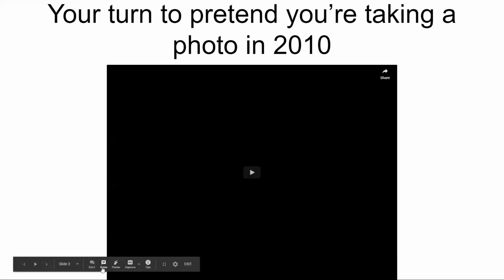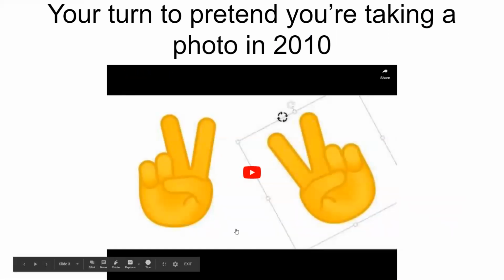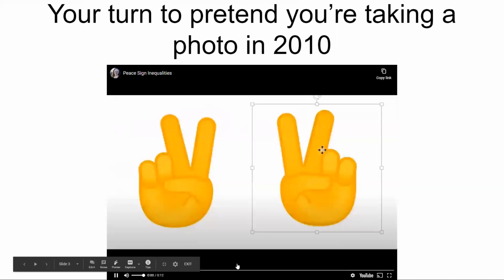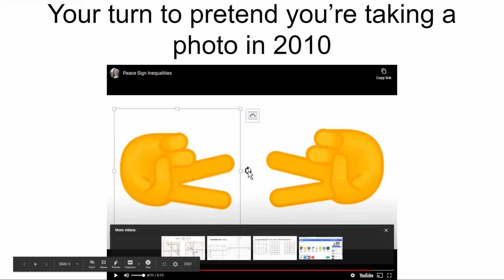When you're looking at these two peace signs out in front of you, and I've got them on the screen as well, look at your left hand. Your left hand has a less than sign in it, and your right hand has your greater than sign in it.